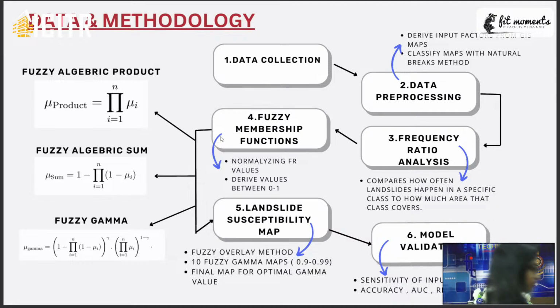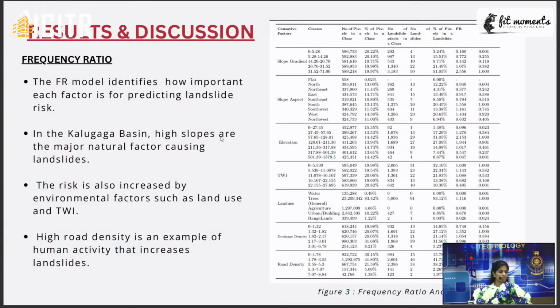In order to obtain the optimal gamma value, I developed 10 susceptibility maps varying gamma values from 0.9 to 0.99 and found the final optimal value from model validation. There, I used accuracy, area under curve, recall, and F1 score.